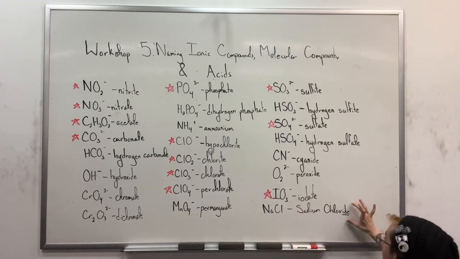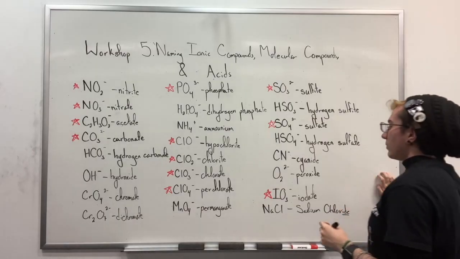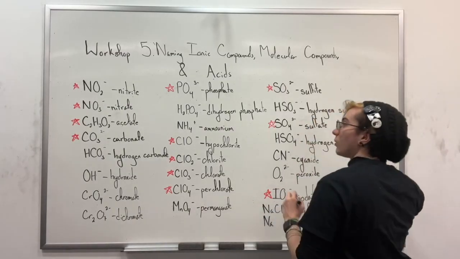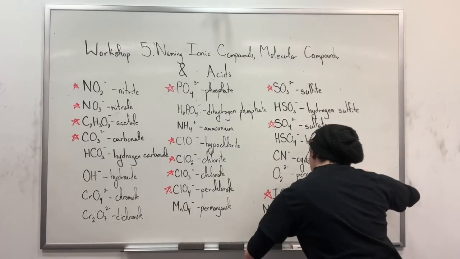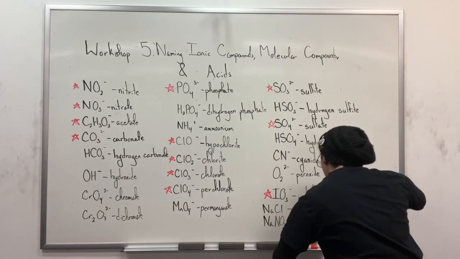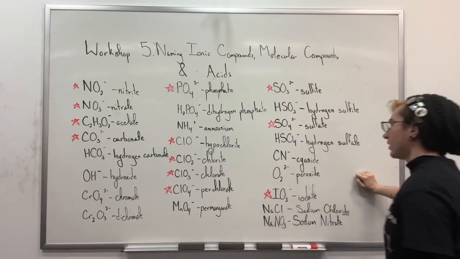We have to put the ide ending on the end of it, the suffix. Let's say we bind sodium with a polyatomic ion. Sodium nitrate would be NaNO3, and that's exactly how you would write it. Sodium stays sodium, and nitrate stays nitrate. And that's going to be true with all of the polyatomic ions.